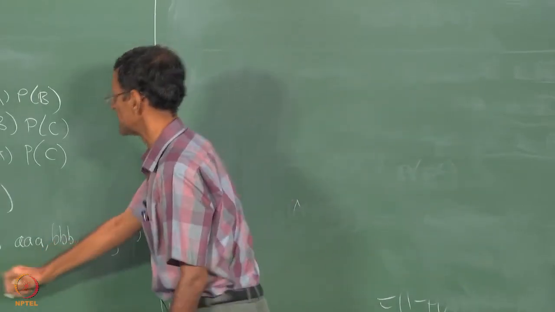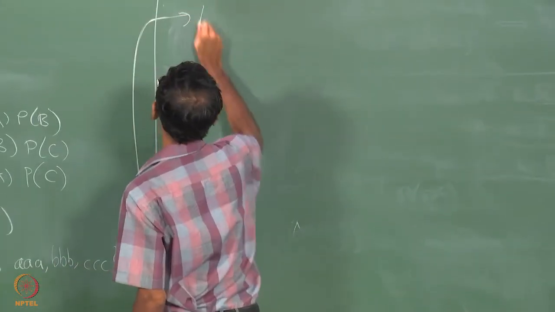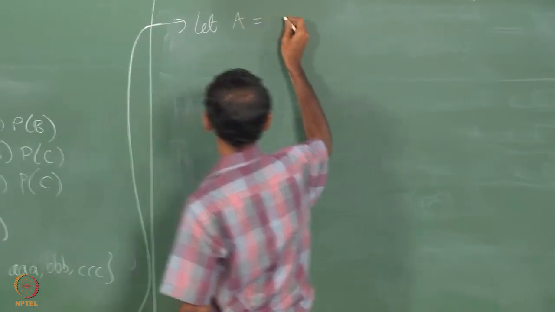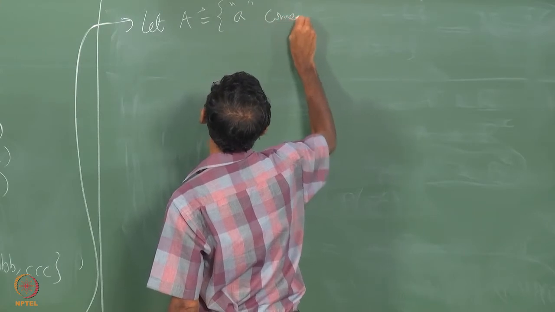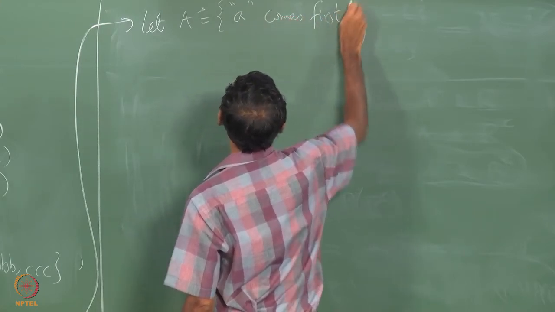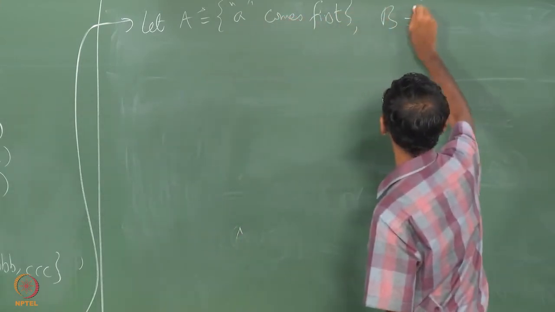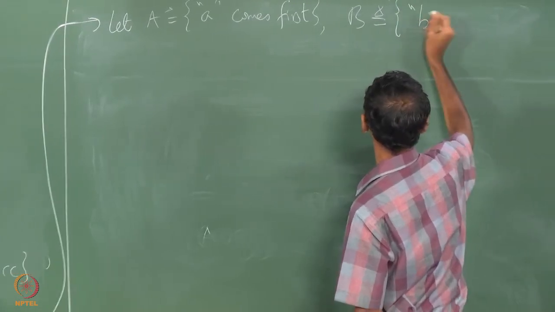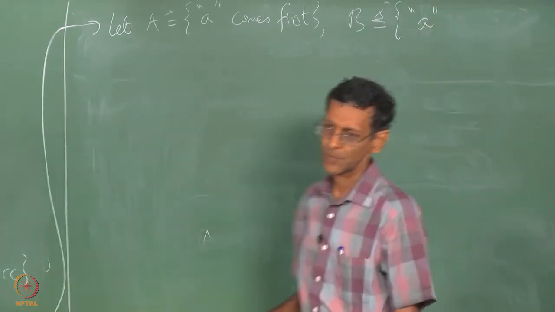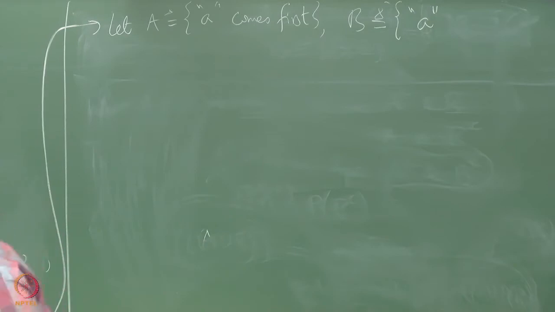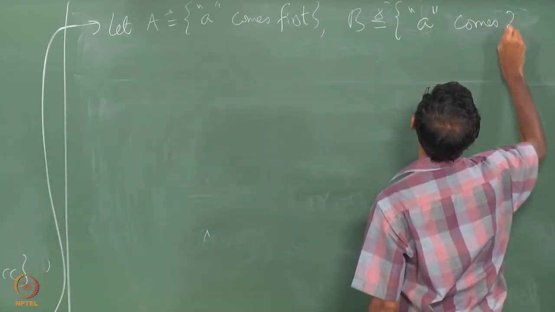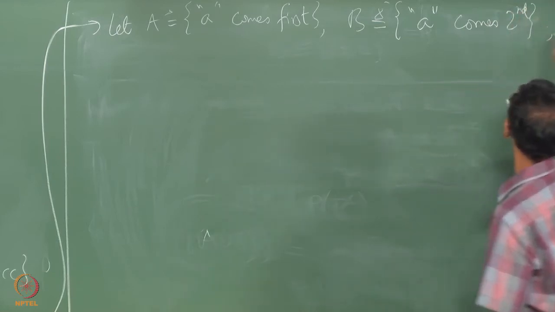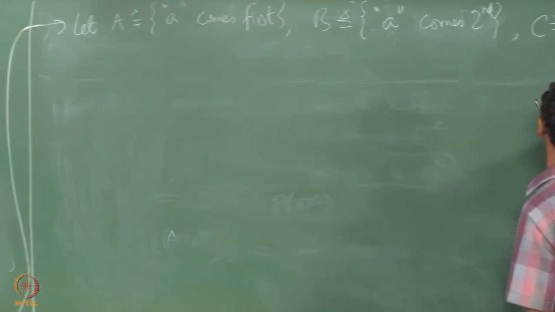Continuing this example, let A be the event that letter A comes first, and B, by definition, the event that A comes second, and C the event that A comes third.